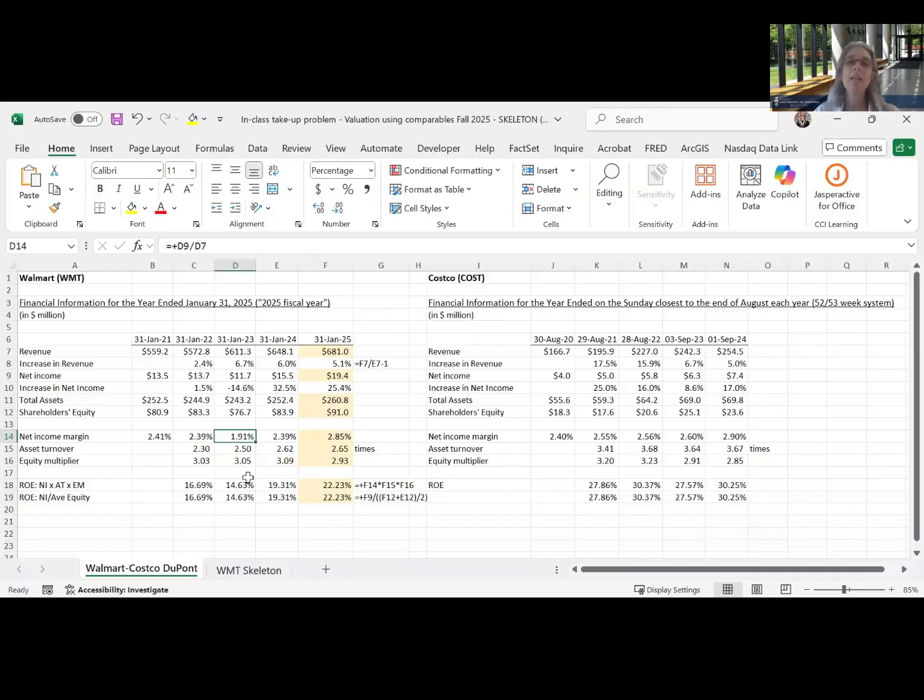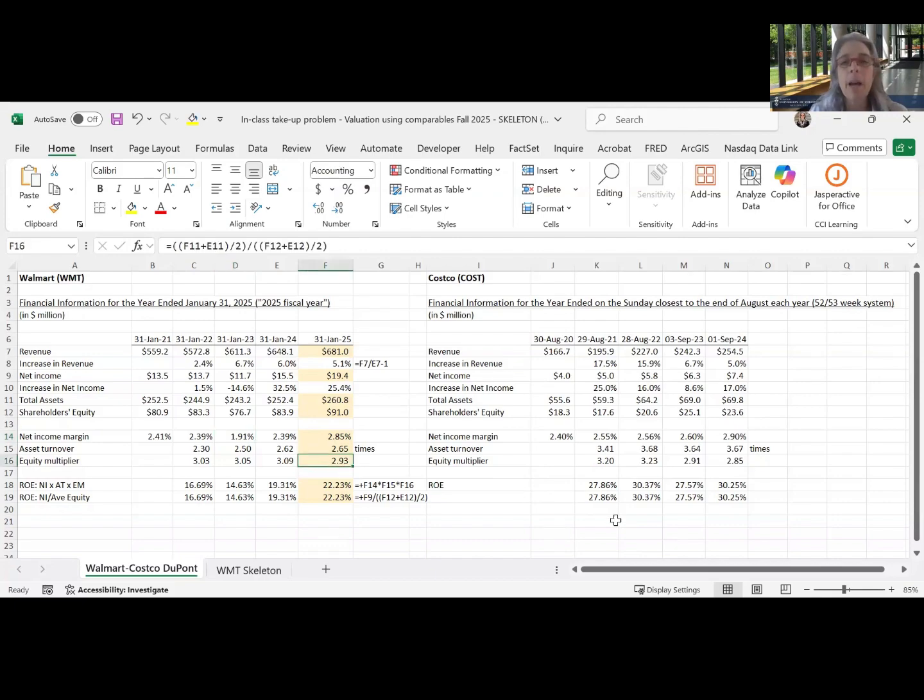So Costco has less capital tied up in the physical building than Walmart has, and so their asset turnover is higher, which is what one would expect. You can see the numbers reflect the business model.